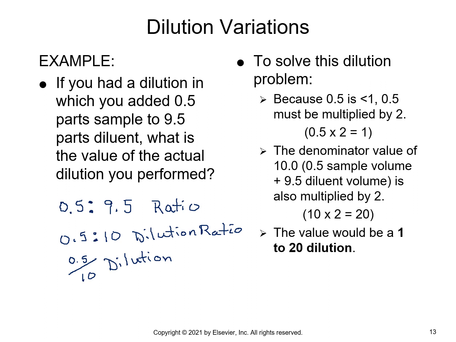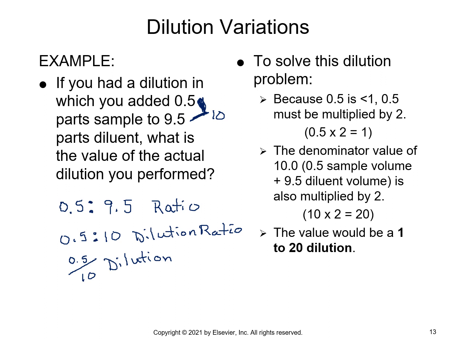However, to figure it out as a dilution ratio, we know that the total includes the sample as well as the diluent. So that gives us a total of 10 once we add those together, which gives us a dilution ratio of 0.5 to 10 parts total.